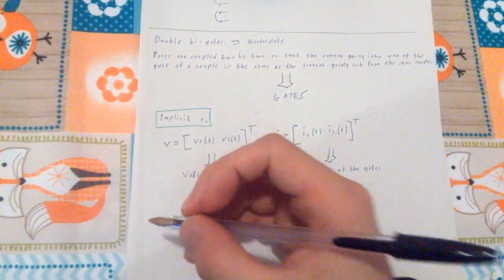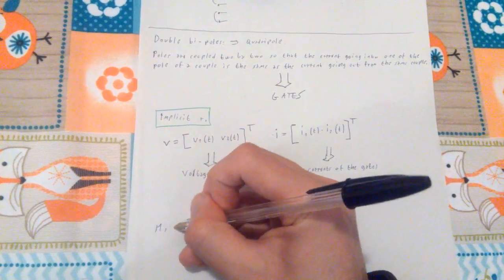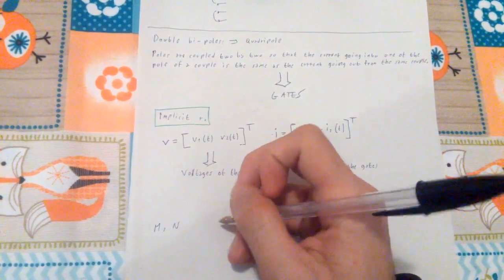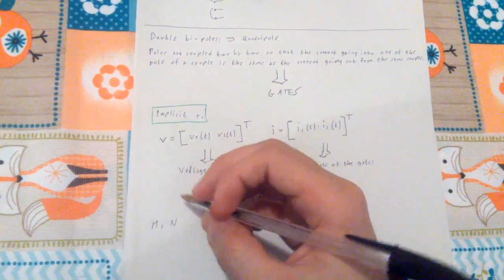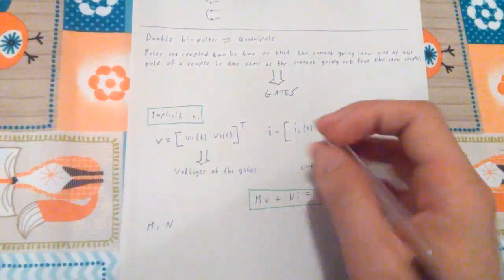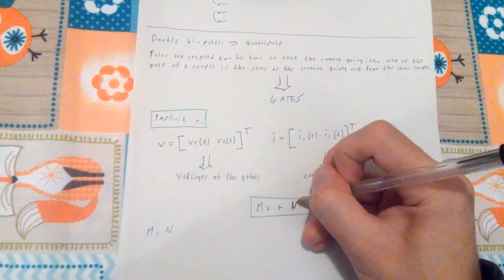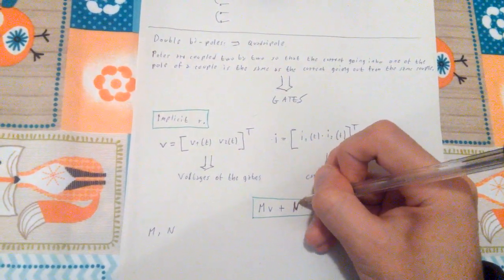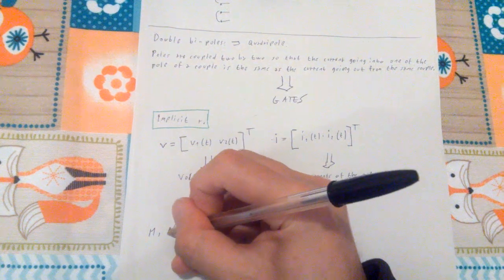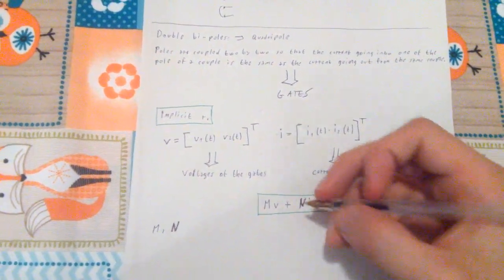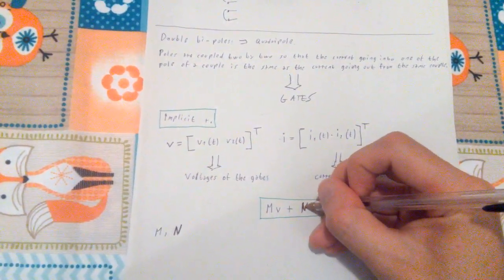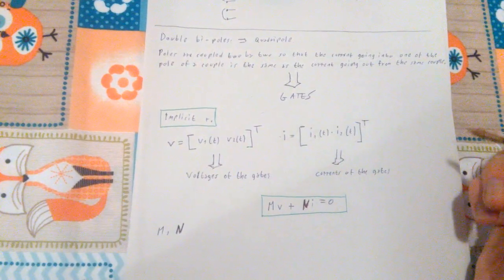I'm just gonna call this N for simplicity instead of mu, and I'm just gonna call this M, because with mu you expect some kind of constant.